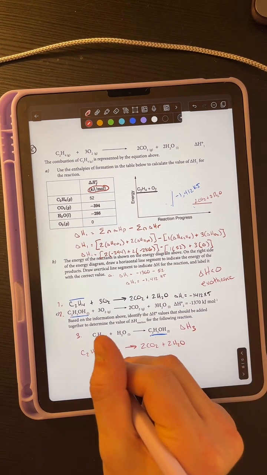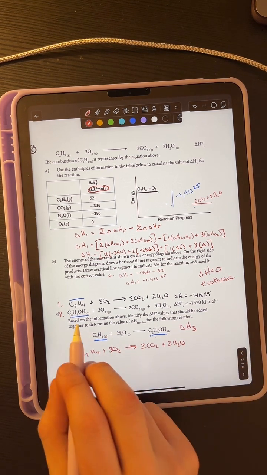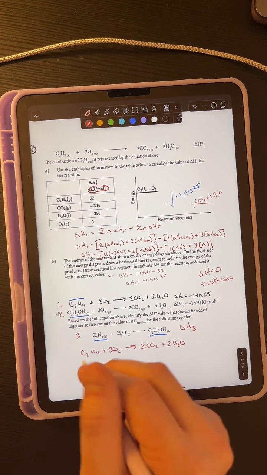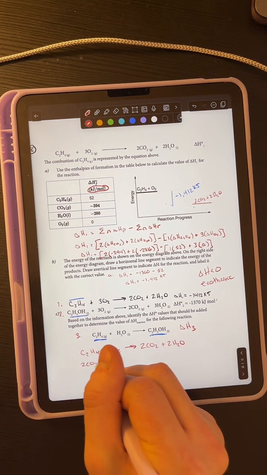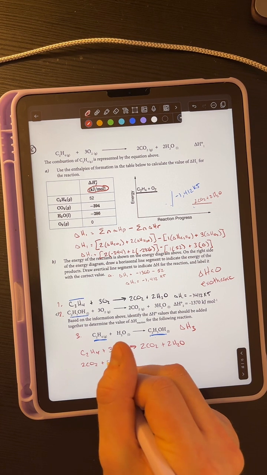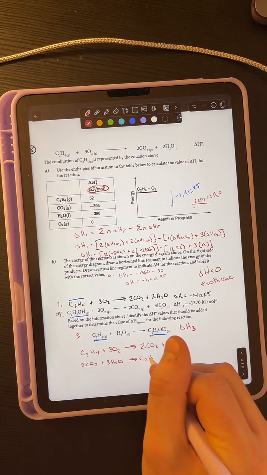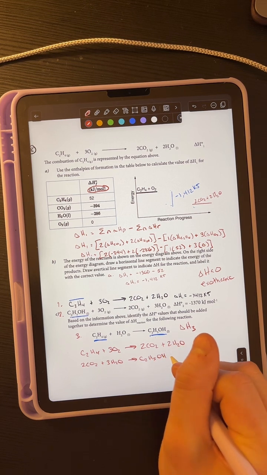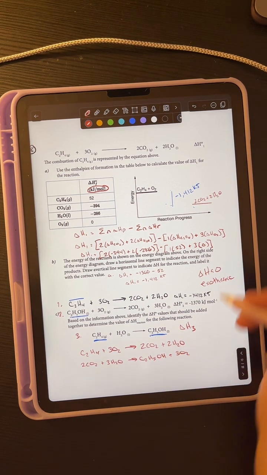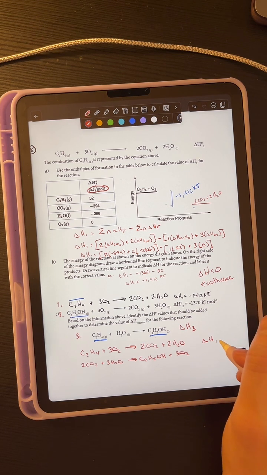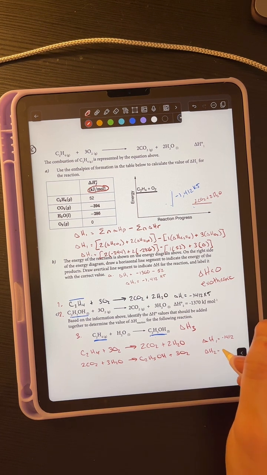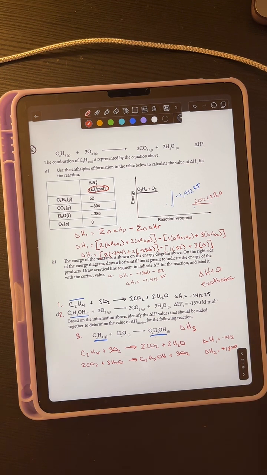And then because we're flipping the second reaction, we get 2CO2 plus 3H2O goes to C2H5OH plus 3O2. Our delta H1 is negative 1412. Delta H2 now, because we flipped it, becomes the positive version of that, 1370.